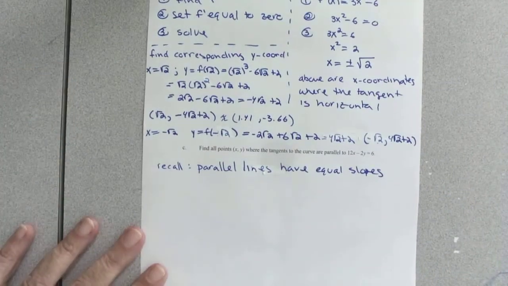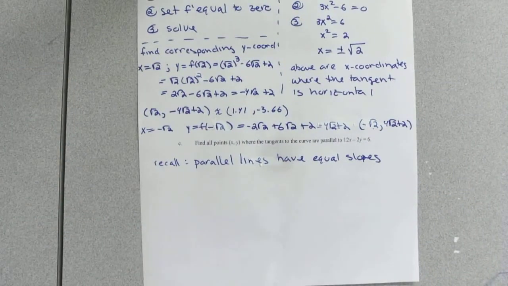So this is the same thing as saying find all points x, y where the tangents to the curve are parallel to 12x minus 2y equals 6.